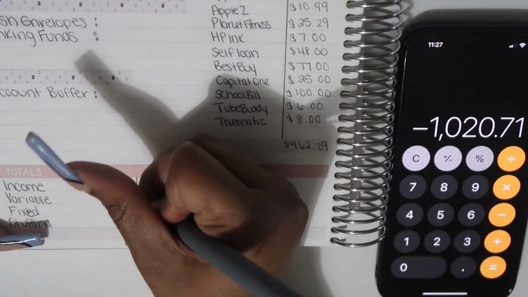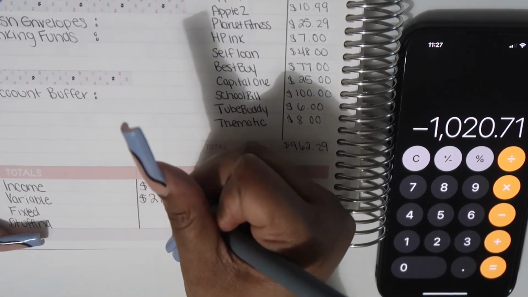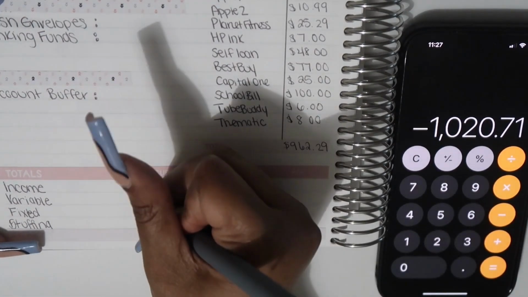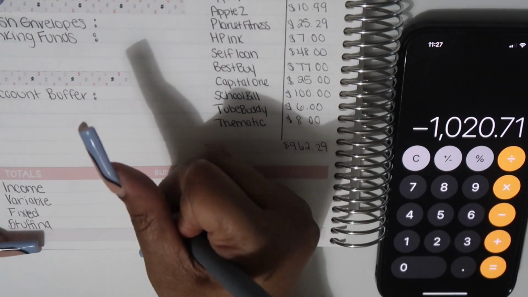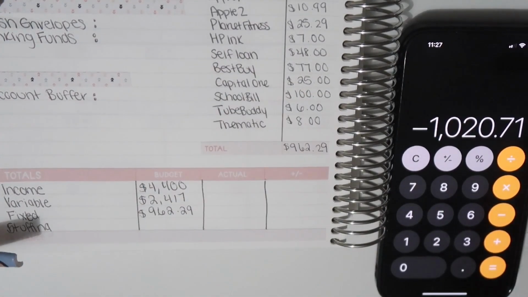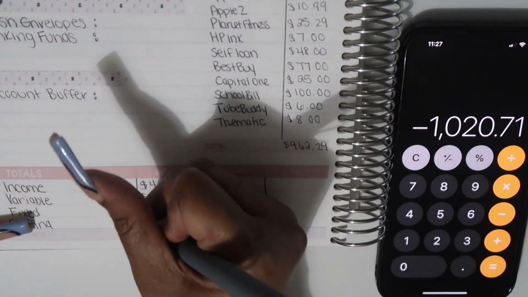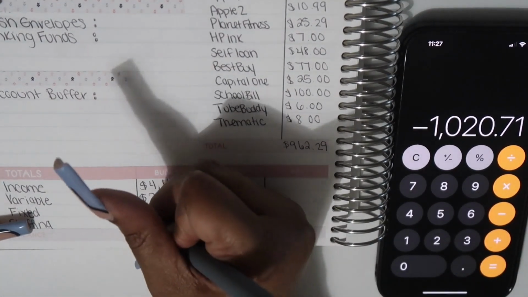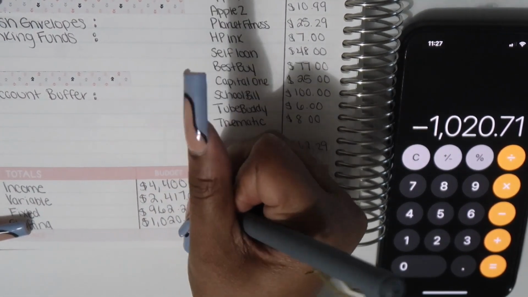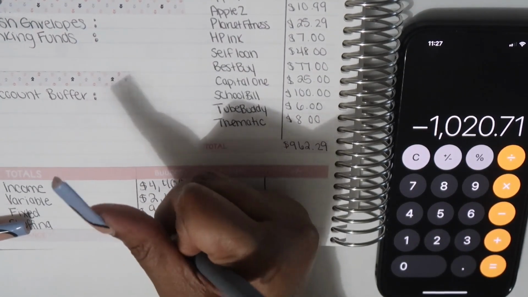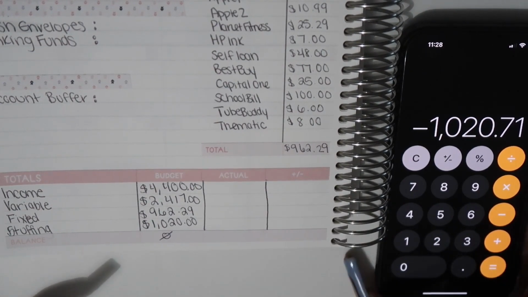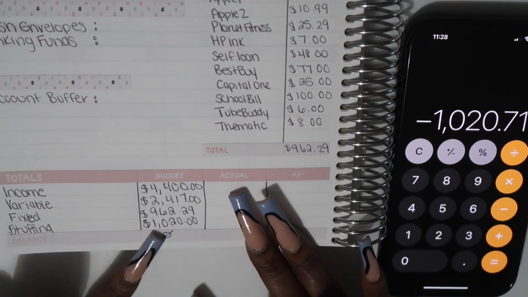My variable, we're gonna write 2,417. My fixed, we're gonna write $962.29. So that means for my stuffing, I don't take the cents, so I'm gonna do $1,120 for the month, which will put us at a zero base, but it technically will have 71 cents left over, but it's okay.